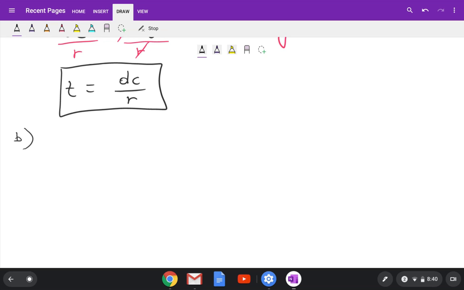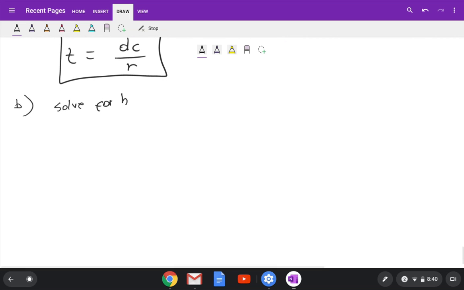Here it's going to be an example where I want you to solve for h. And we have b over x equals a over h plus 1.